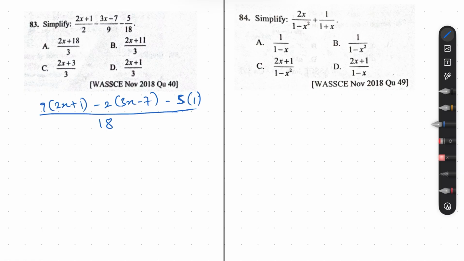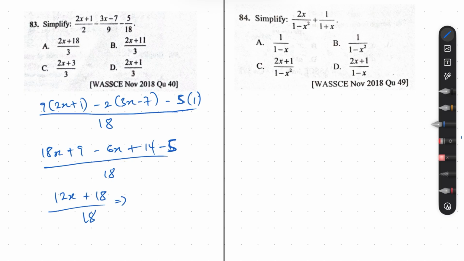Okay, cool. So we expand. What do you have? You have 18x plus 9 minus 6x plus 14 minus 5, all over 18. So when we expand, what do we get? We get 12x plus 18, over 18.